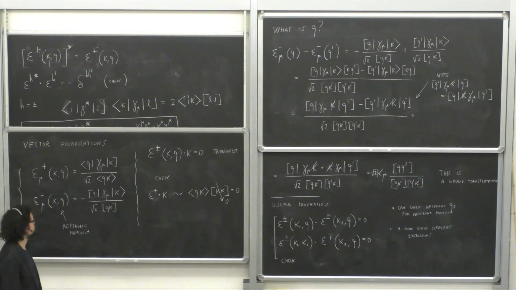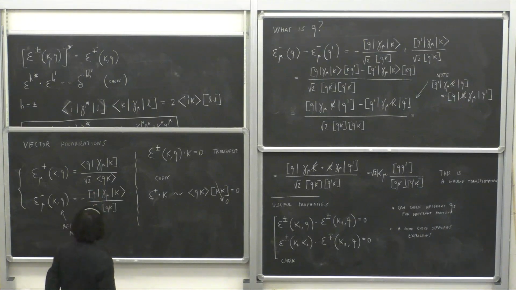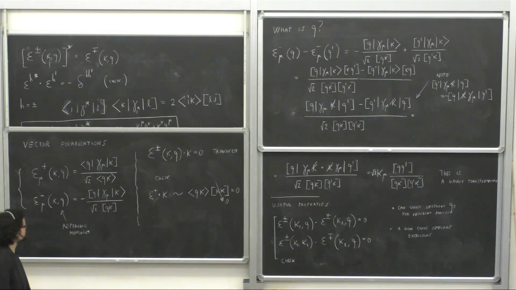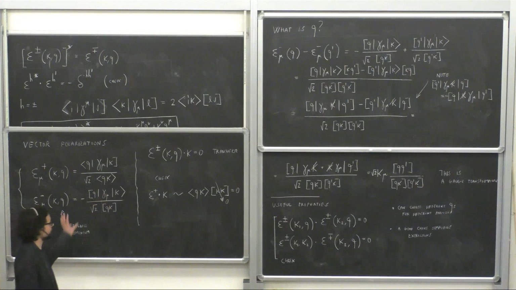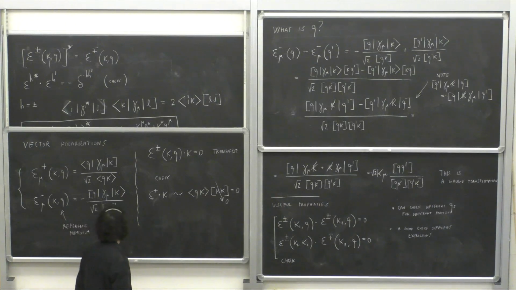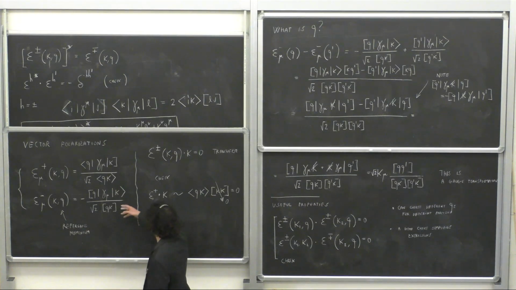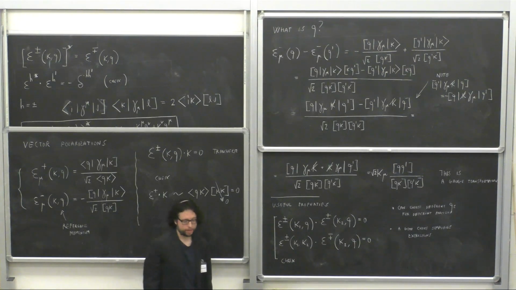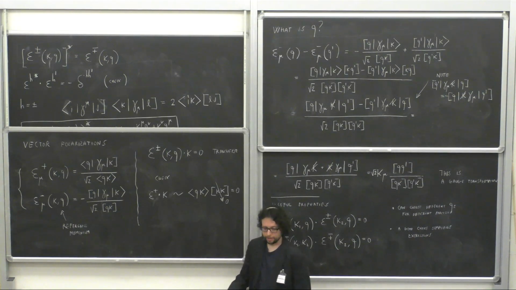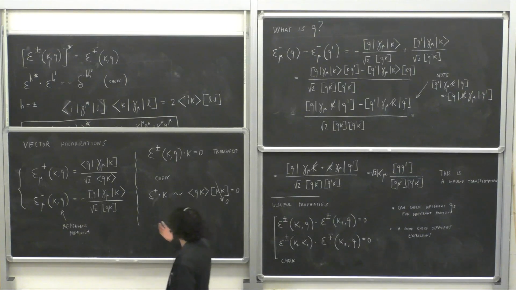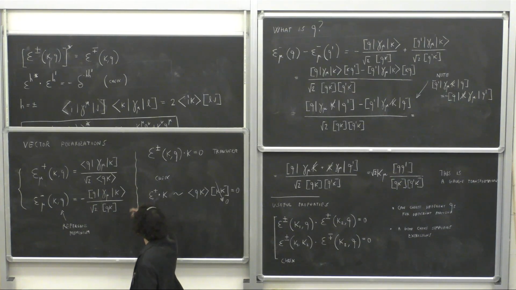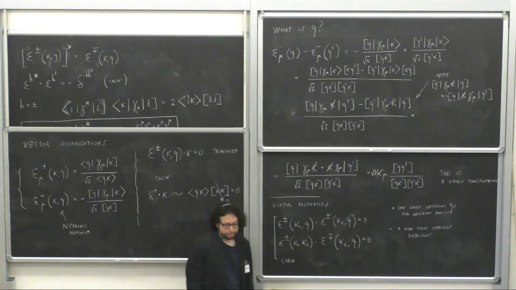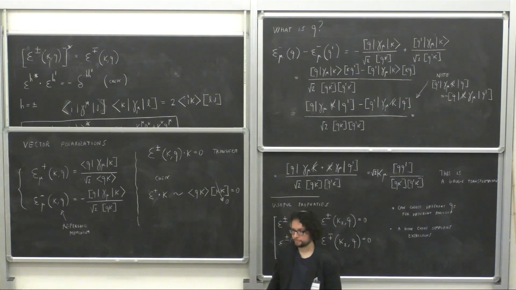If that becomes 0, then that is a problem. Here I'm implicitly assuming you don't have a situation in which these brackets in the denominator can become 0. When do they become 0? When you have some form of collinearity, meaning the two corresponding lambdas or lambda tildes are proportional to each other.